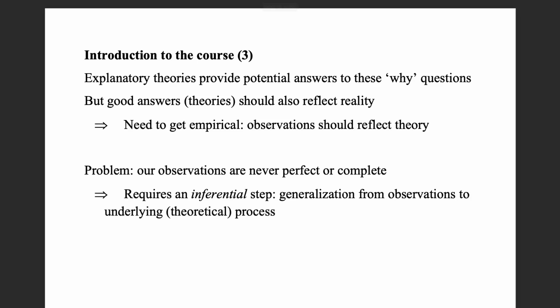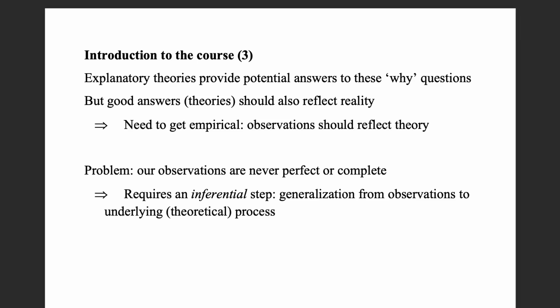Well, that means that we can't just say, well, these are observations, therefore the theory is correct. We have to make an inferential step. So we have to go from the observations that we can make to saying something about this theoretical process that is underlying these observations, that we actually want to know about.